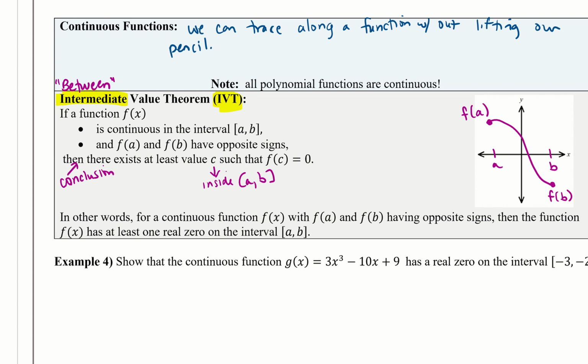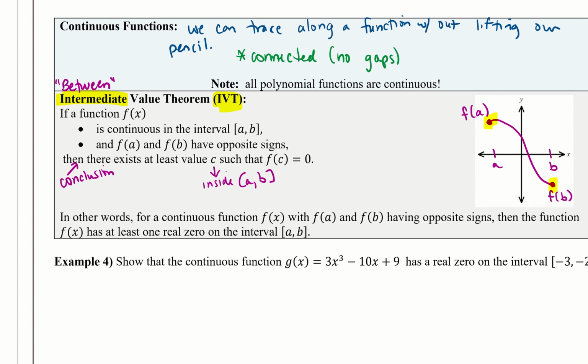Okay, let's break this down into some more student-friendly language. Let's say that one endpoint is positive for its height and one endpoint has a negative height. And we know that this graph is continuous. It's smooth and connected. There are no gaps. That's what we mean by continuous.